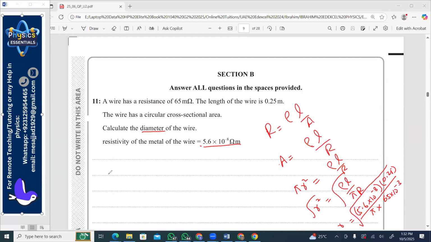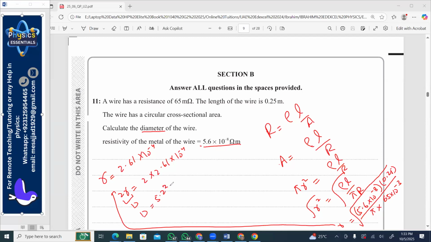Okay, so with this in mind, you just do the 2r equals 2 times of the answer. Okay, let me calculate that first. That's 5.23 into 10 raised to the power minus 4.